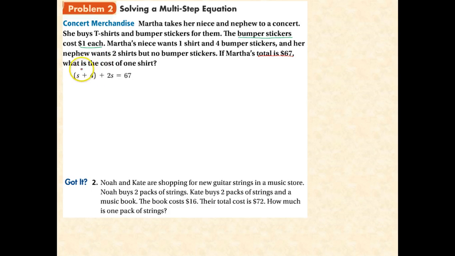Well, how do we get that equation? Let's talk about that. Let's see what we got. The niece wants 1 shirt and 4 bumper stickers. So we know that the bumper stickers are $1 each, so this is $4 right there. So we got 1 shirt. That's 1s. We're going to say let s equal the price of a shirt.